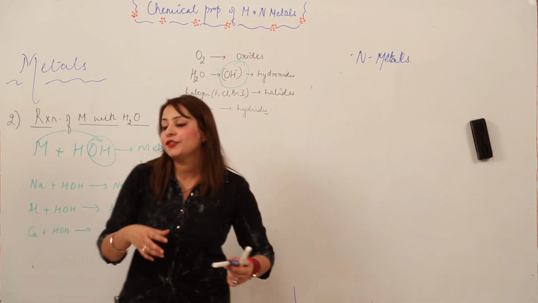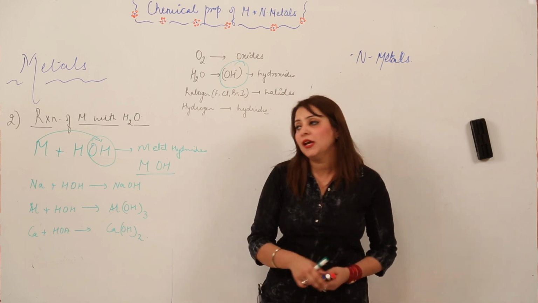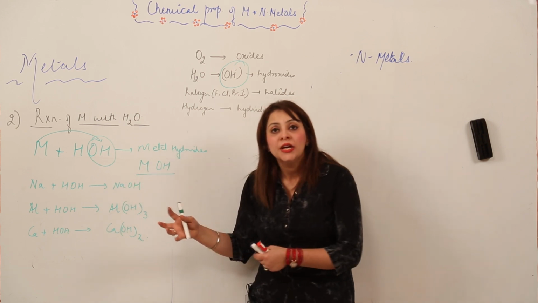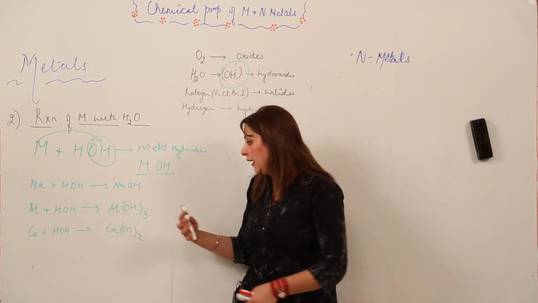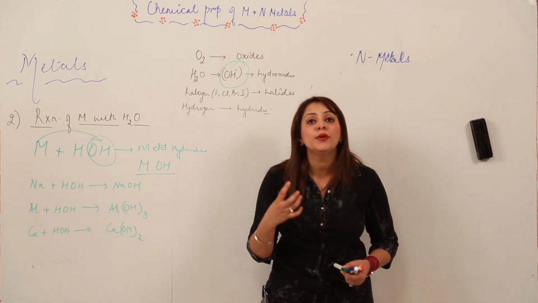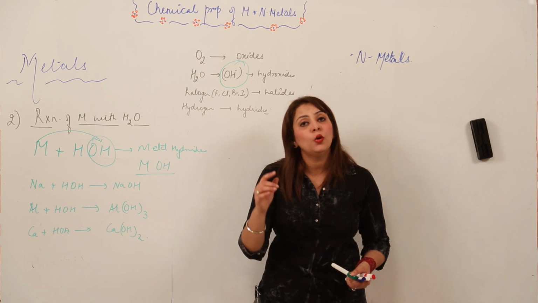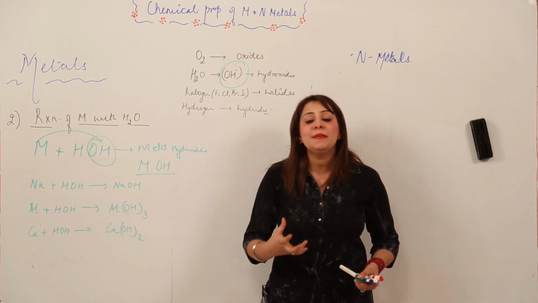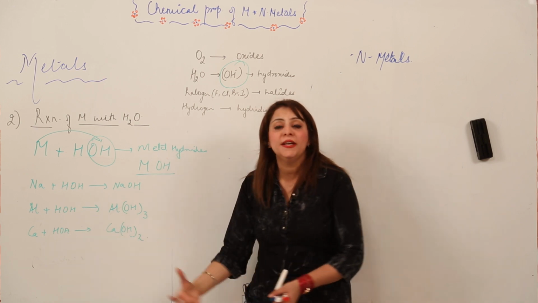I am giving you different examples to show that it is not limited to the formula being only MOH. It can be MOH, M(OH)3, or M(OH)2, depending upon the valency of the metal used, because the valency of hydroxide in all cases remains OH negative. It is the valency of the metals that changes the molecular formula for different metals.